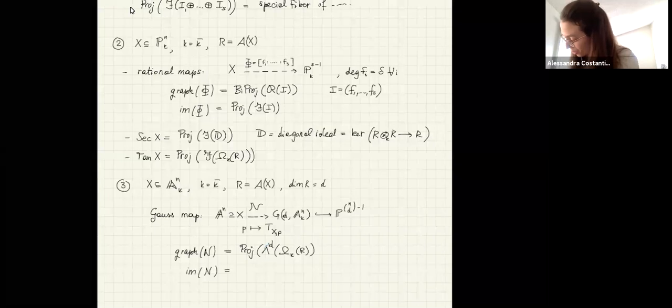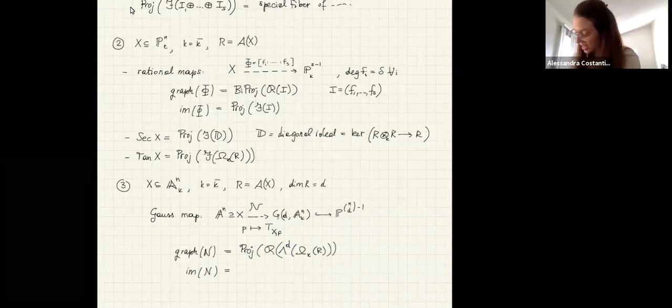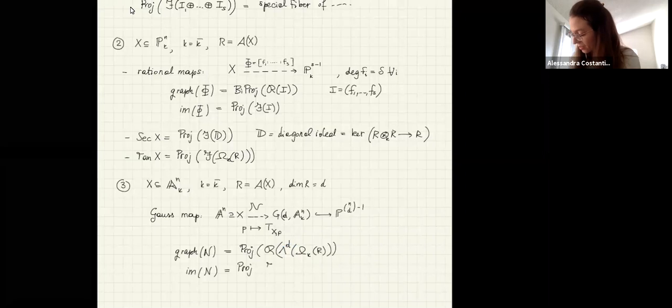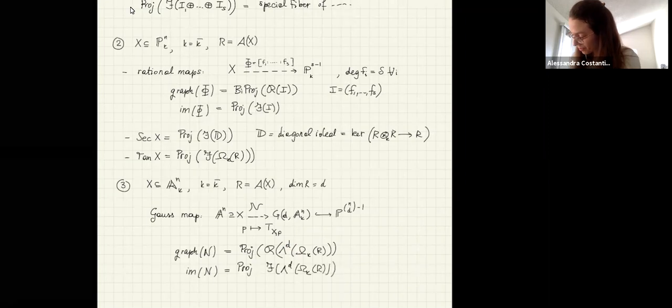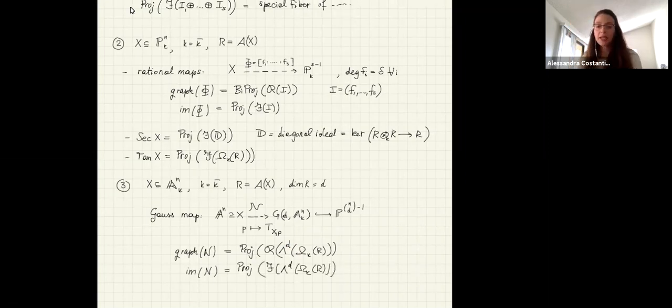Sorry, I forgot an R here. So that's the Rees algebra of this thing. And then for the image, we have the same thing, but with the fiber cone. Okay, so hopefully this list of examples gives you an idea why geometers are interested in Rees algebras.